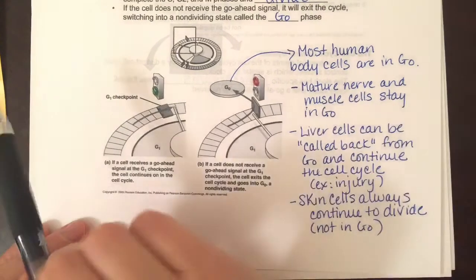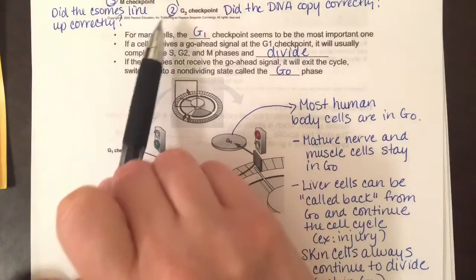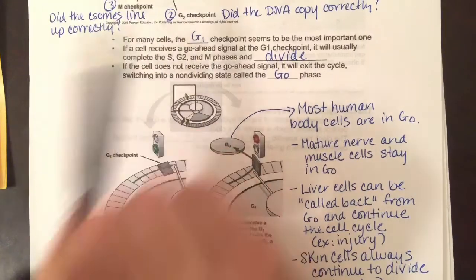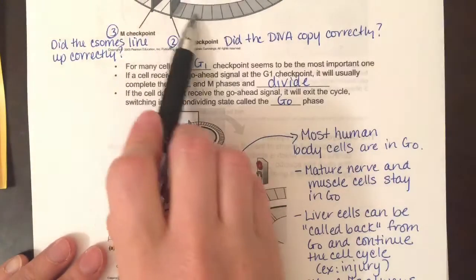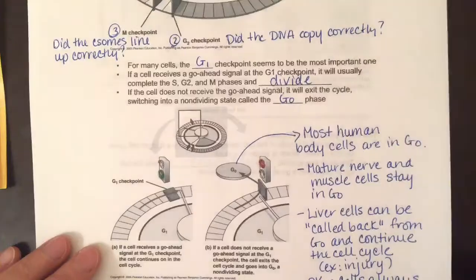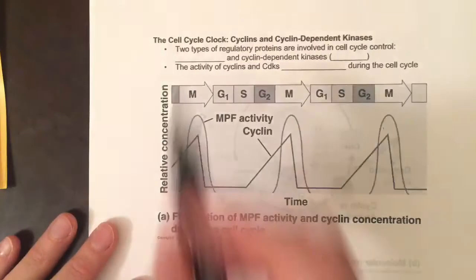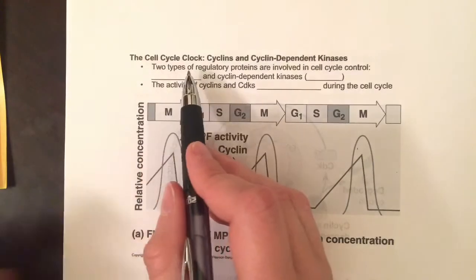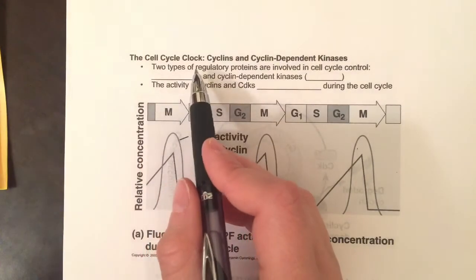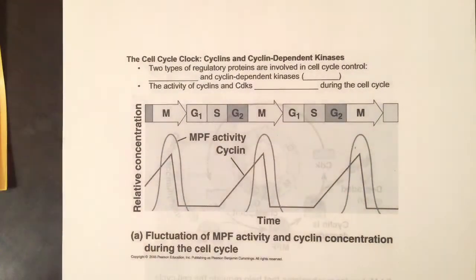So let's talk about one go-ahead signal that happens here at the G2 checkpoint and triggers the cell's entry into the M phase. In the cell cycle, we have cyclins and cyclin-dependent kinases.